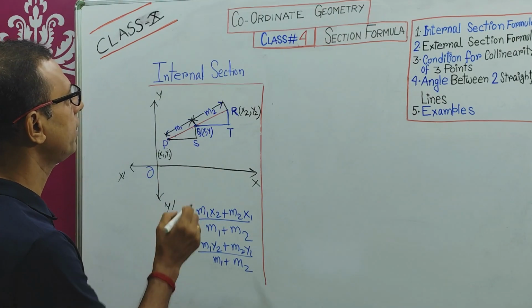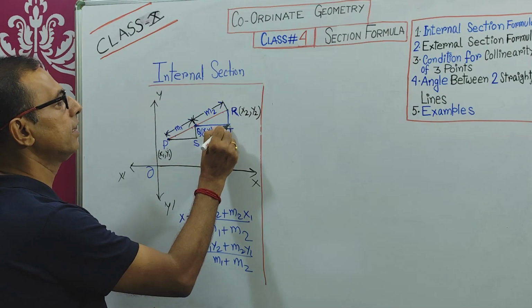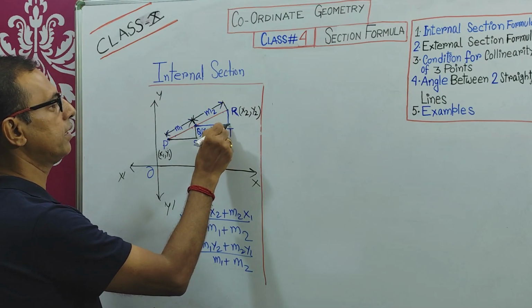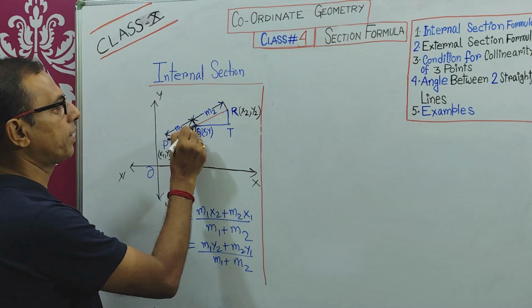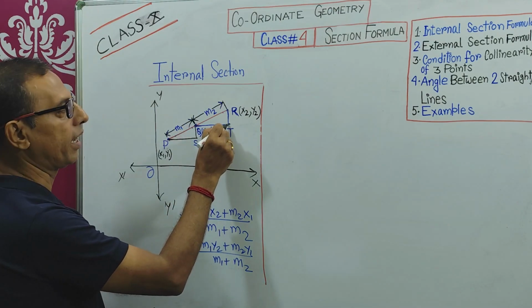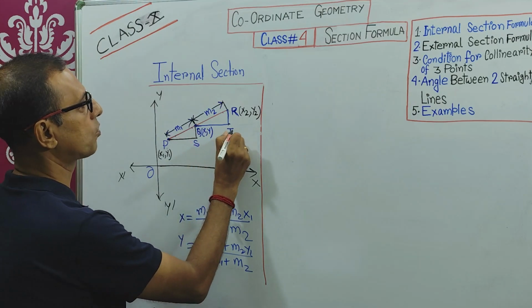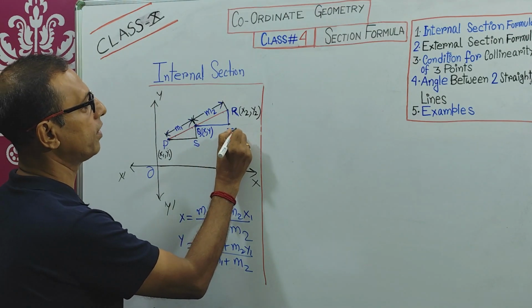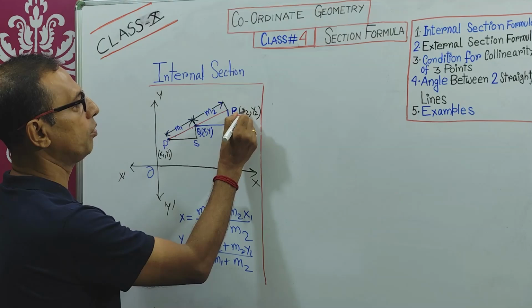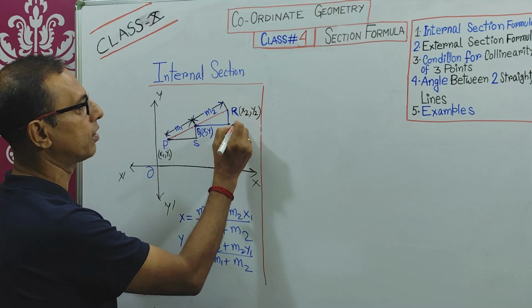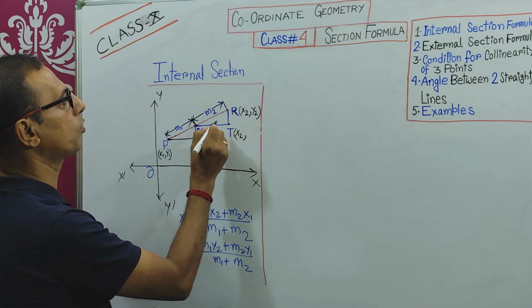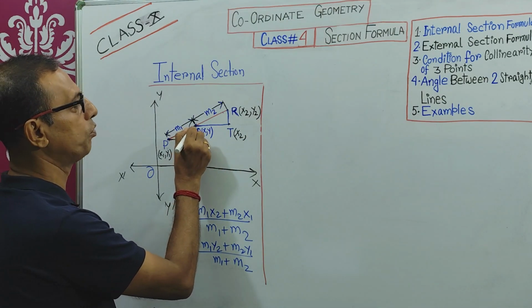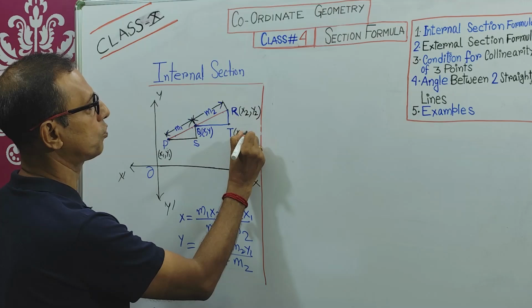And the coordinate of T in that case, what will it be? Since from Q we have drawn this parallel line to x, the x coordinate of T will be equal to the x coordinate of R, that is x2, while the y coordinate will be the y coordinate of point Q, because this is parallel to the x-axis, so (x2, y).